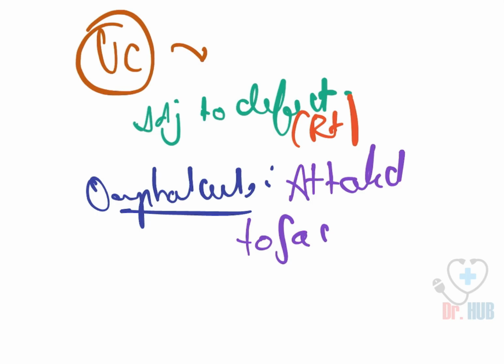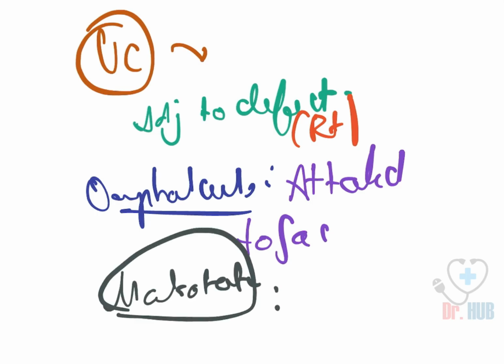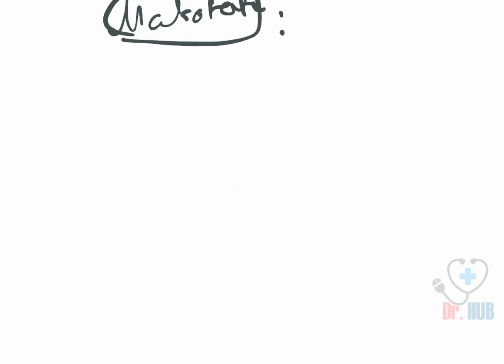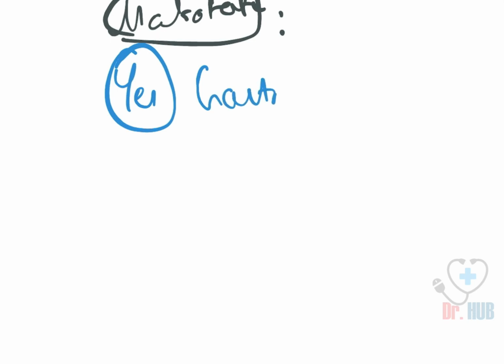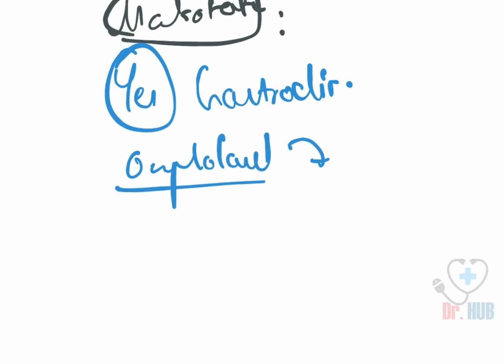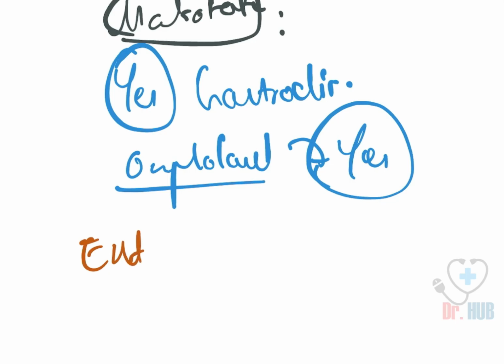Then, what is the status of malrotation? Malrotation is present in gastroschisis, and the Omphalocele also has the presence of malrotation. Then we move on to the enteral nutrition.